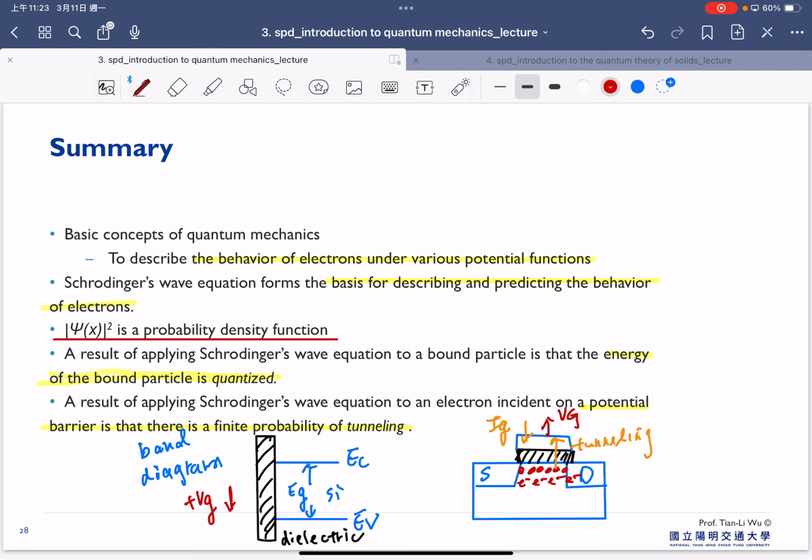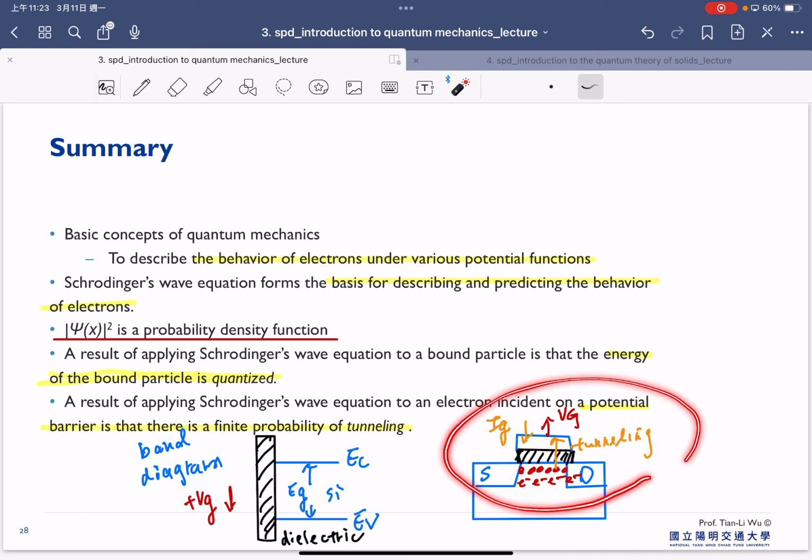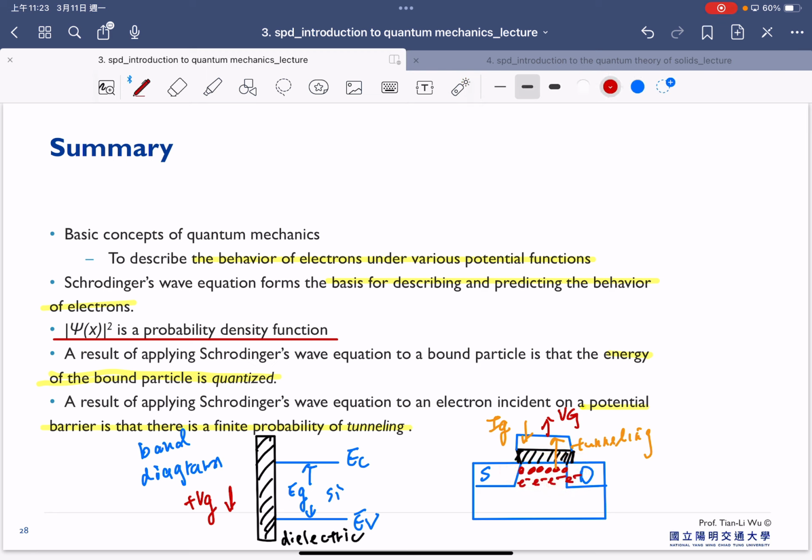So once you have the positive gate bias, you can expect electron formation in the channel, and this is the region where you have electrons.